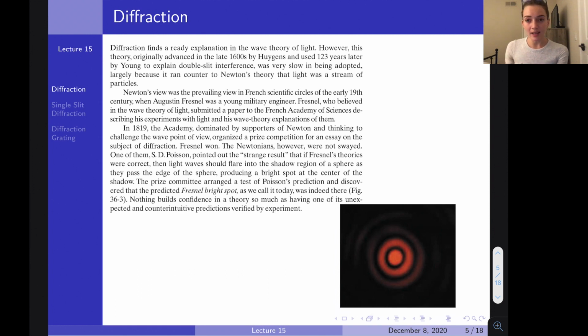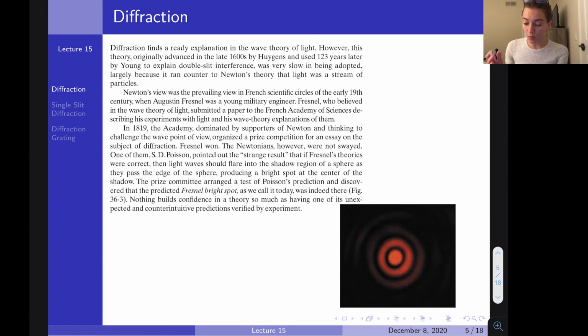In 1819, the French Academy of Sciences had basically an essay contest about diffraction. So Fresnel wrote one describing diffraction through the wave theory of light.